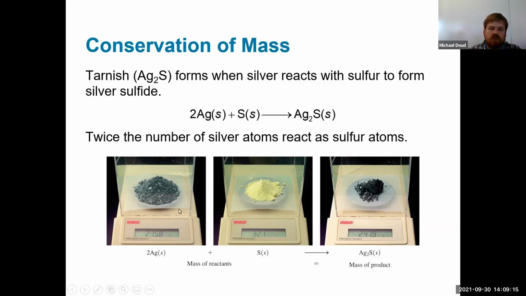So note, there was no loss of mass, and there's no loss of atoms either in this reaction. In a balanced reaction, we have 2 times the number of silver atoms reacting for each sulfur atom, which makes sense because silver sulfide has 2 silver atoms for every 1 sulfur atom.